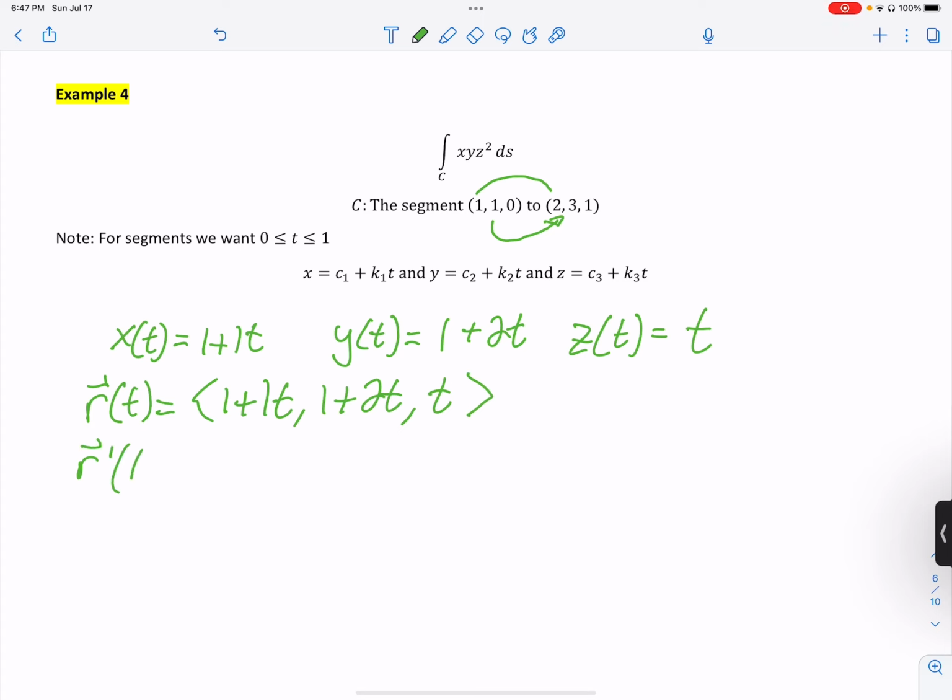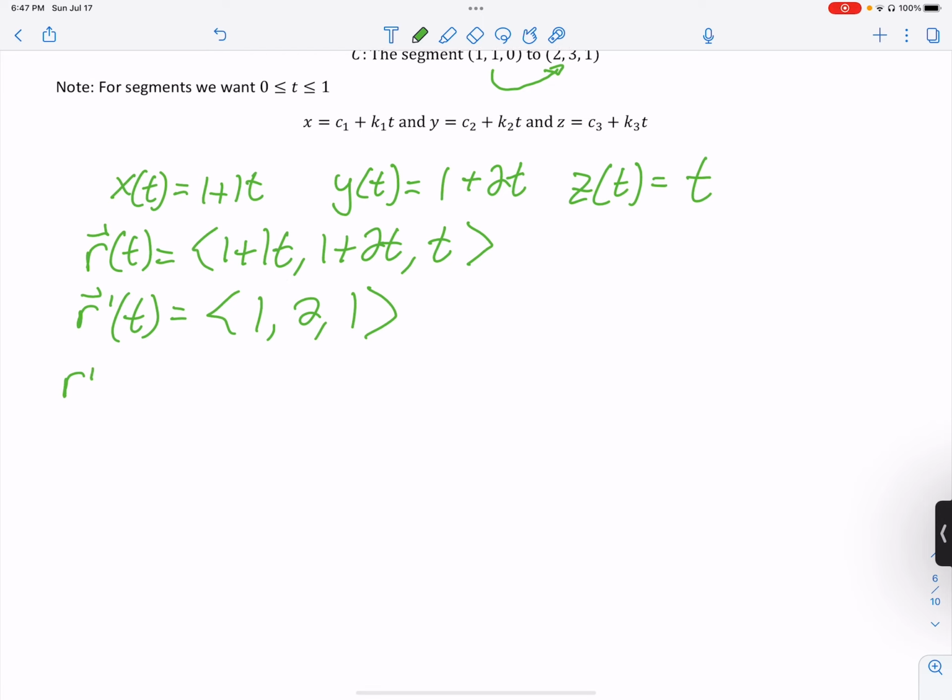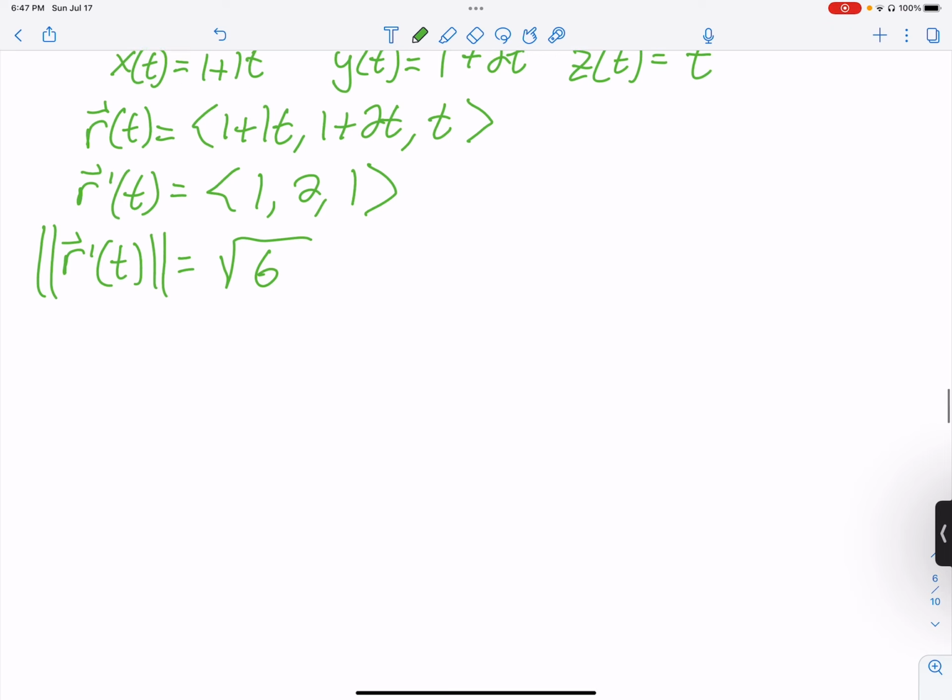We can find the derivative of those. We get 1, 2, 1. All right, and then this calls for us to find the magnitude. So that's the square root of 1 plus 4 plus 1, which is the square root of 6. All right, we have everything now. We could just plug it in.